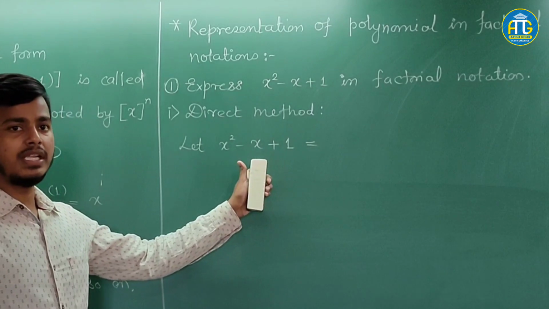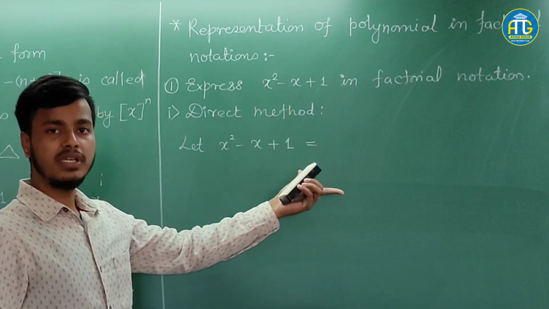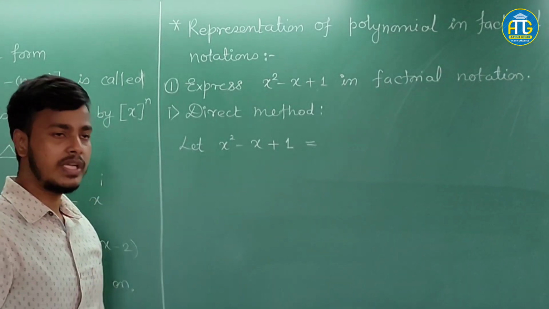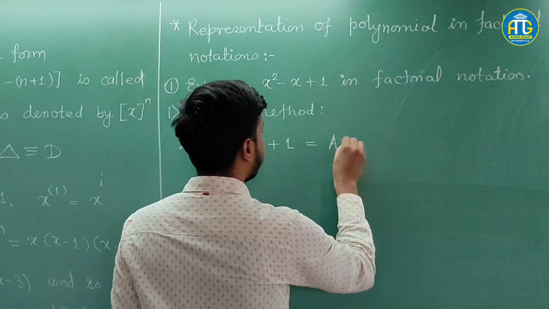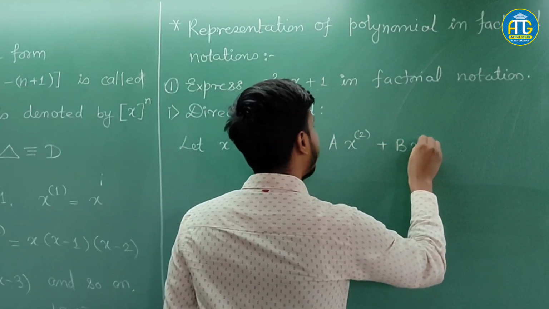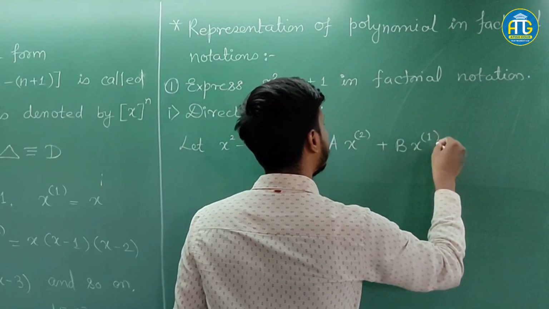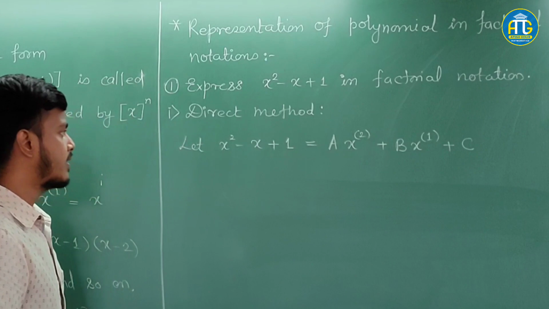As this polynomial is of degree 2, the polynomial in factorial notation is also going to be a polynomial of degree 2. So let us write it as a x raised to 2 factorial plus b x raised to 1 factorial plus c x raised to 0 factorial, that is 1.